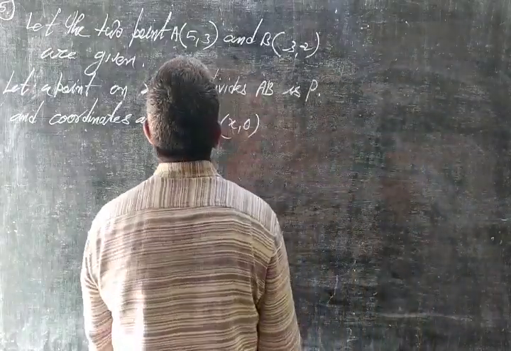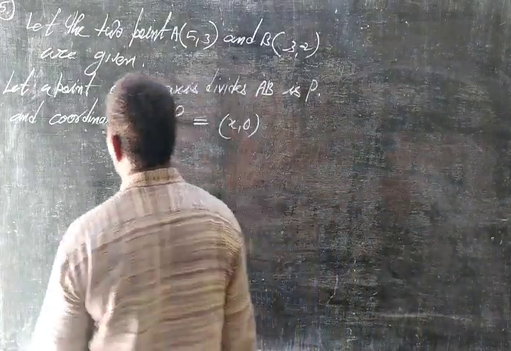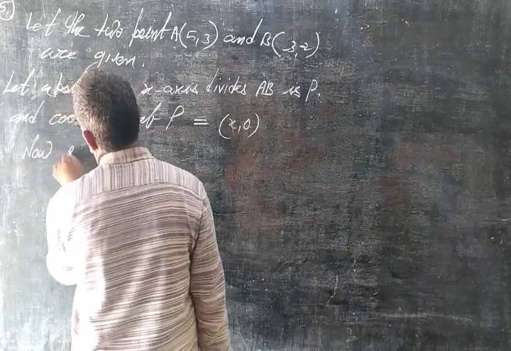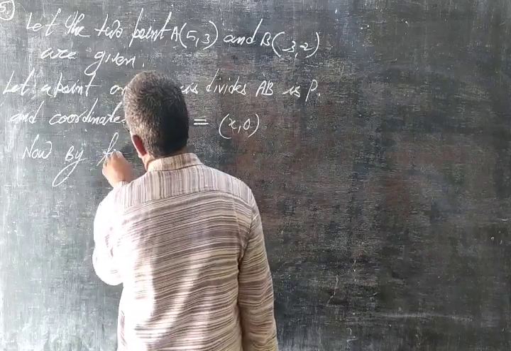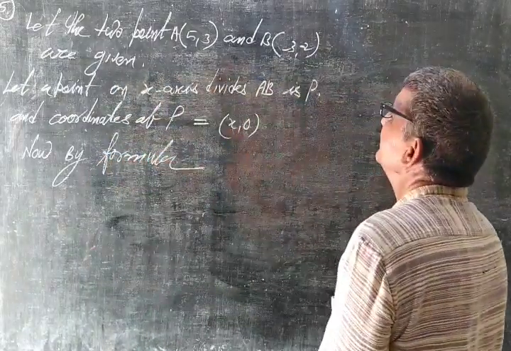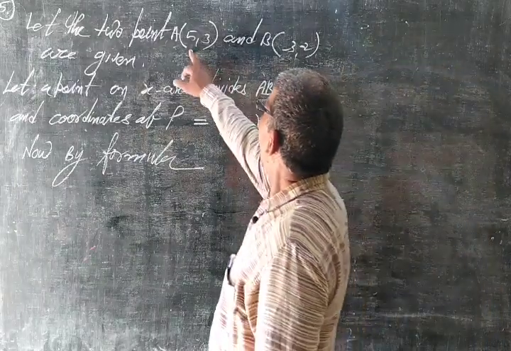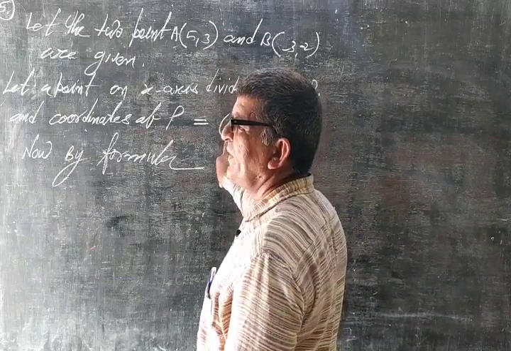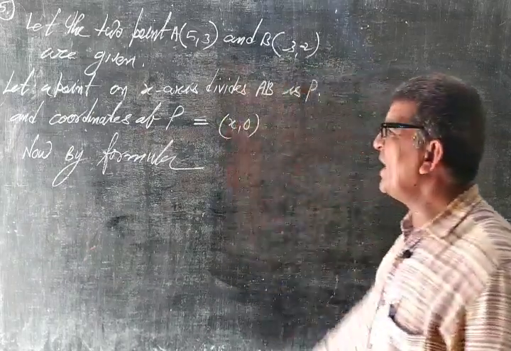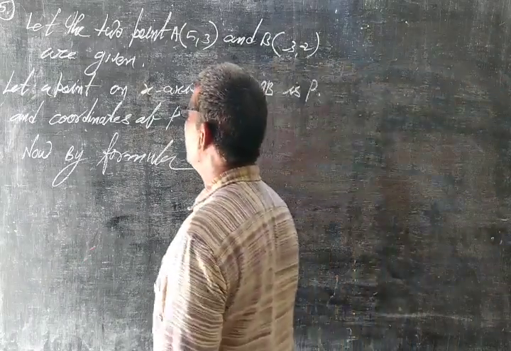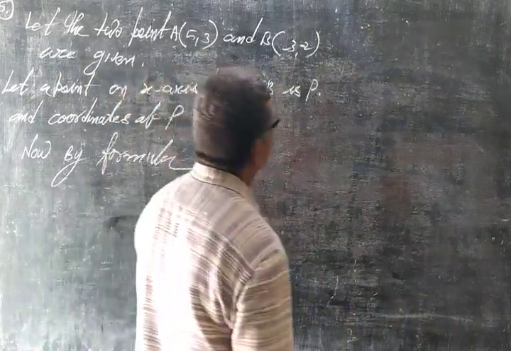And now by the internal division formula, we have given x1, x2, y1, y2 and P (x0). Then we have to find out the ratio. Suppose the ratio is lambda : 1.